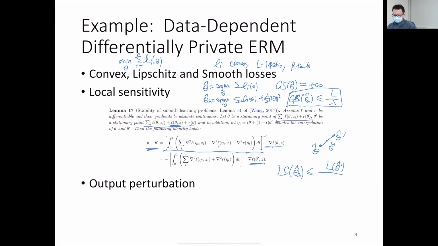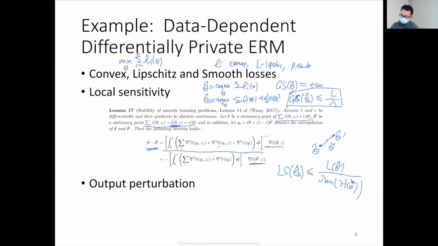L at one of the two optimal solutions, over the smallest eigenvalue of this Hessian matrix at theta tilde. So this is something between theta 1 and theta hat, right?